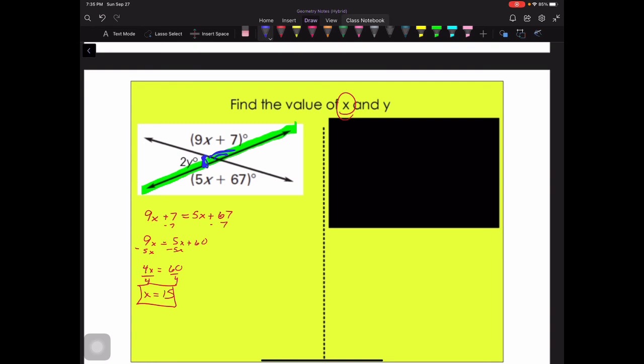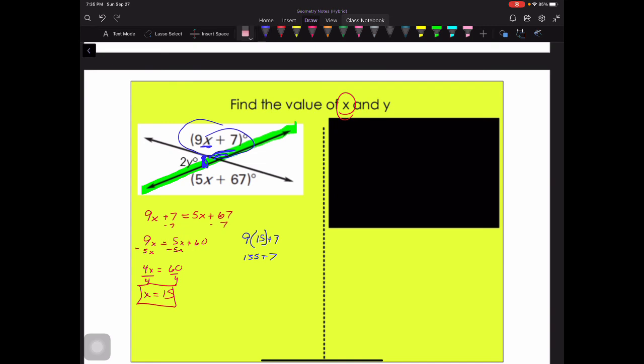So what we can do is figure out how many degrees we have here by substituting x for that x right there. So let's take a look here. So 9 times 15 plus 7. So you get 135 plus 7.